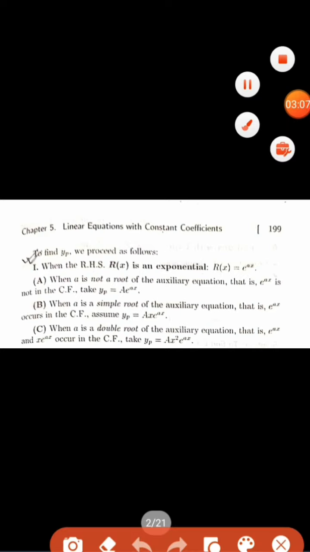At first we have taken R(x) in the right hand side of the differential equation as e to the power ax.